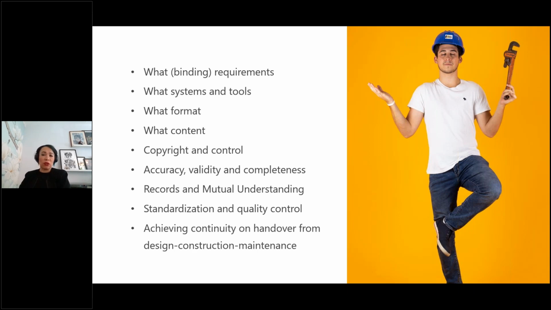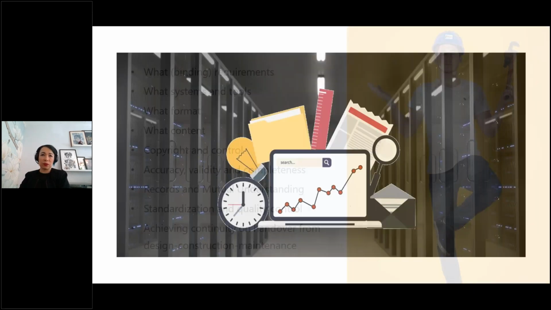Equally, standardization is very important. There's so many different types of software and hardware and ways of naming files, ways of naming bits of models. If you all do something differently, it's not going to help the Golden Thread. It's just going to be this massive pile of data and information. And all that goes back to having continuity on handover from all the different phases.